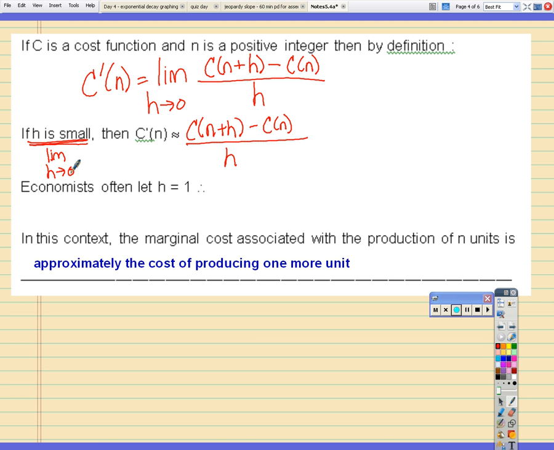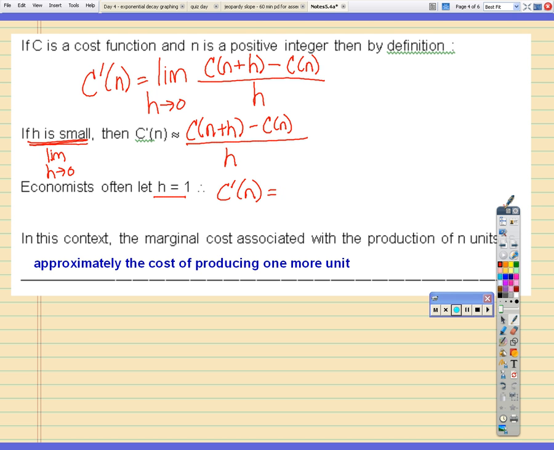Now, economists, when they work with marginal cost, often let h equal 1. 1 is a lot easier to work with than a really small decimal close to 0. So therefore, the derivative of the cost, or the marginal cost, is approximately, so I'm going to change my equal signs to approximately, the cost of n plus 1 units minus the cost of n units.